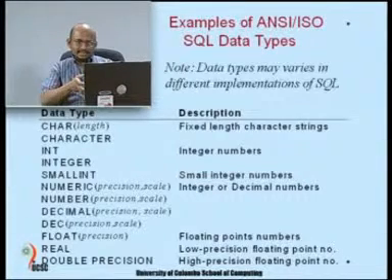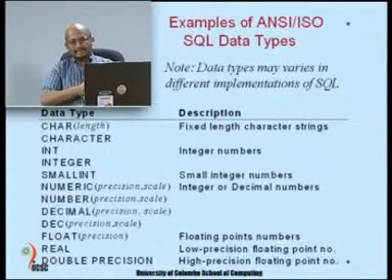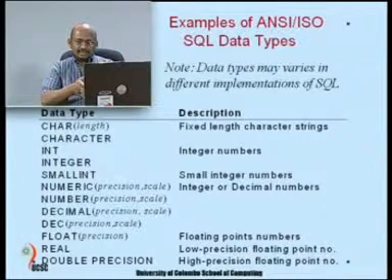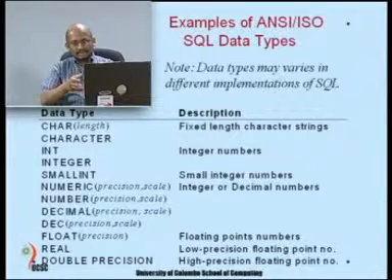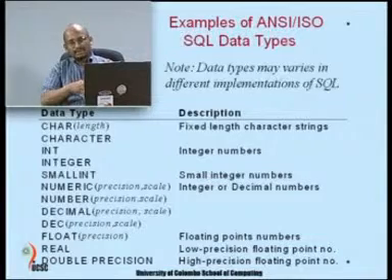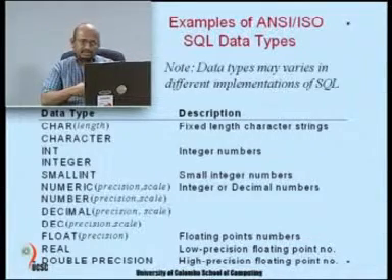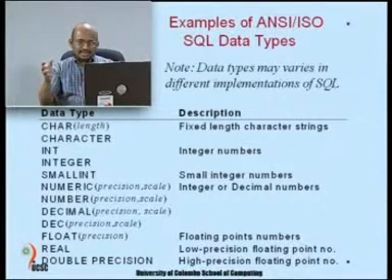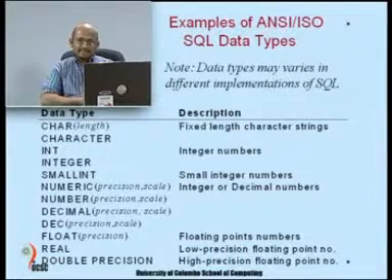So, the storage capacity of these data items will vary depending on how many bytes are used to represent your data. For characters, one character is 1 byte, so when you say a 10 character data item, automatically 10 bytes of data will be used. But for a number, it depends on the range. Numbers you have to manipulate with powers of 2, and then you determine whether it is a 2 byte integer or a 4 byte integer and so forth. So, the maximum number you can store will vary depending on that.